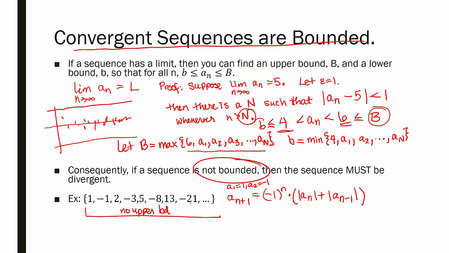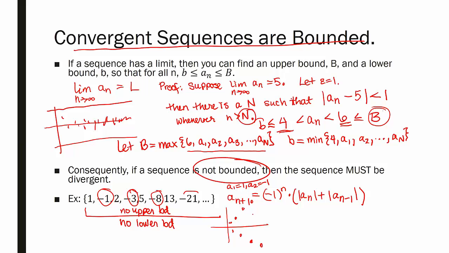Therefore, the even terms are not bounded above, and the odd terms are not bounded below. There's no lower bound because the odd terms' magnitude is getting bigger and bigger in the negative direction. So if I were to plot it, it goes like that, like that. The values of this sequence are spreading out, which tells us that it's going to diverge.